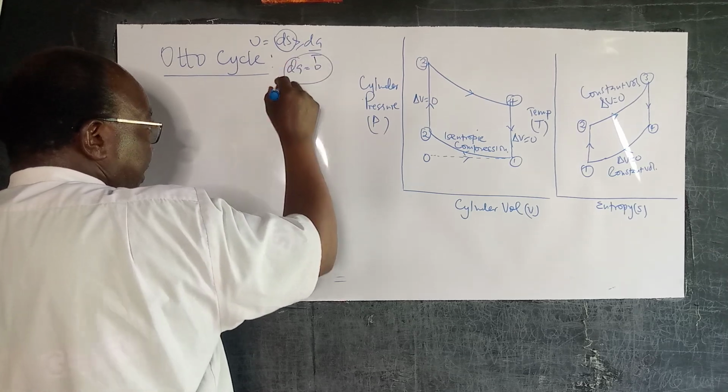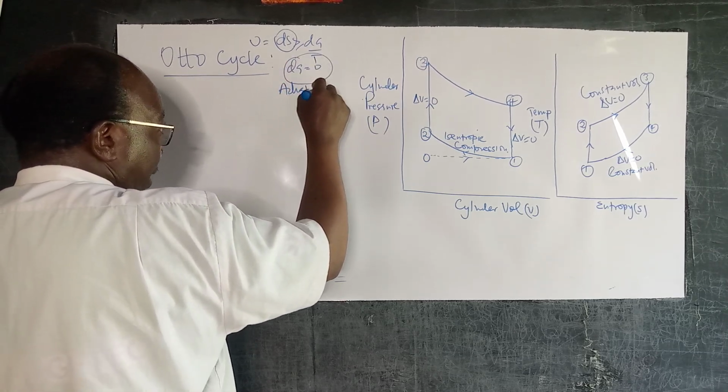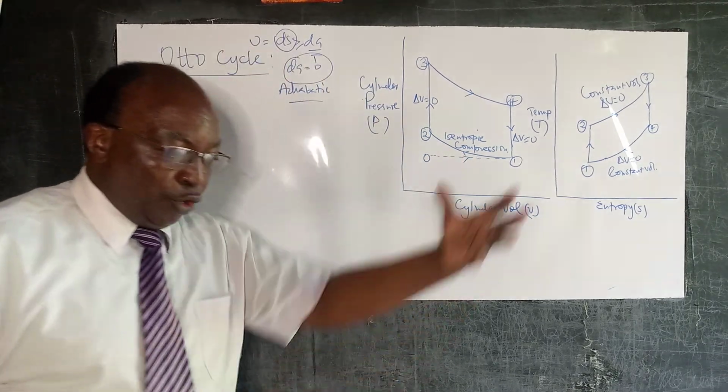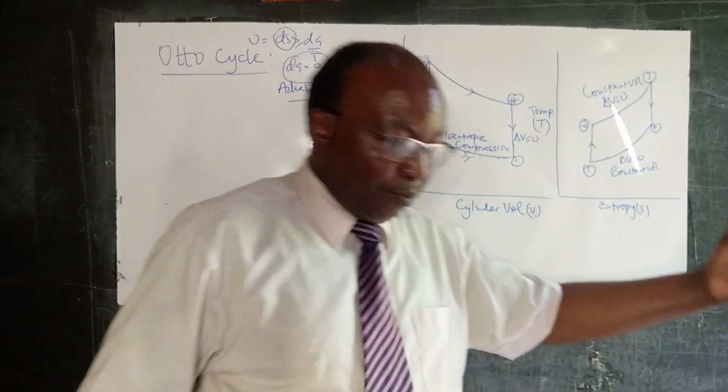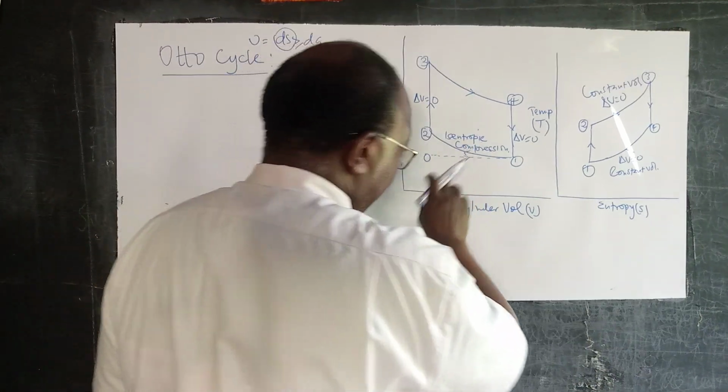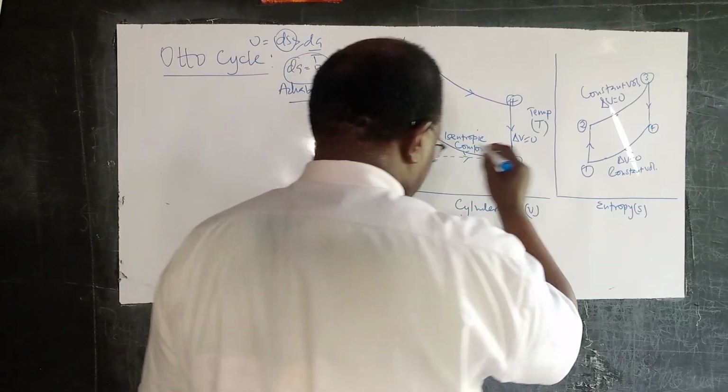So it means that process is adiabatic. It's reversible and it's adiabatic. So that means that for that isentropic process, there is no heat transfer into that system or from that particular system, and that is isentropic compression. That is for process 1 to 2.